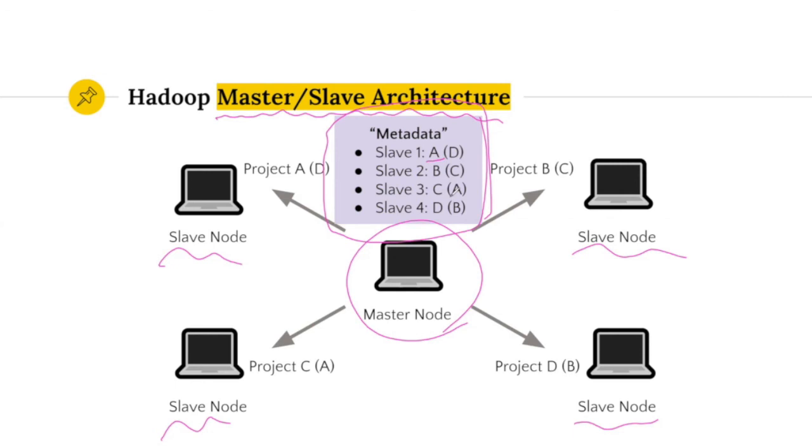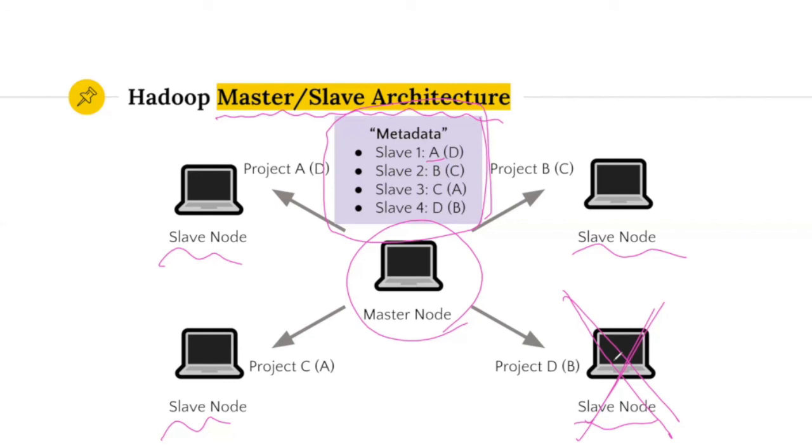So let's say, similar to Bob's situation, a computer goes down. Now the computer caught on fire, or somebody tripped over the power plug. So for whatever reason, let's say slave node 4 is now unavailable.